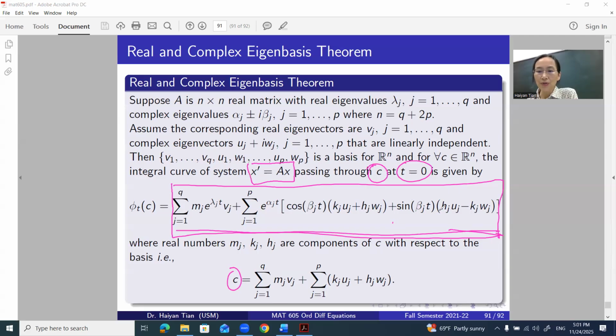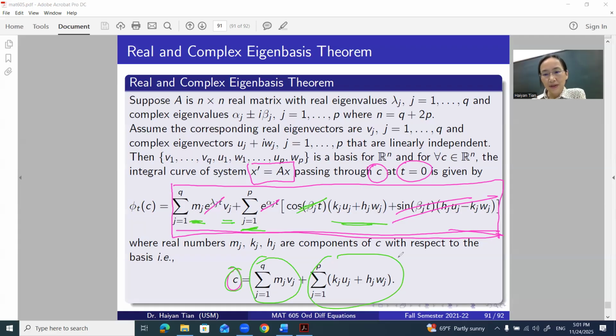When t is 0, e to the 0 is 1, and the cosine at 0 is also 1, so what we're left with is the summation of the Mj vj terms, plus the summation of the other terms, and this should satisfy the initial condition.